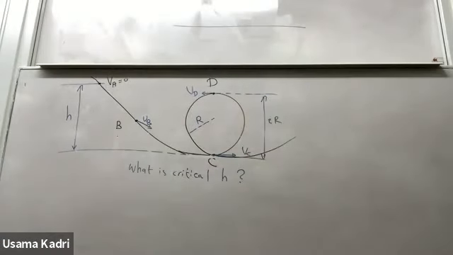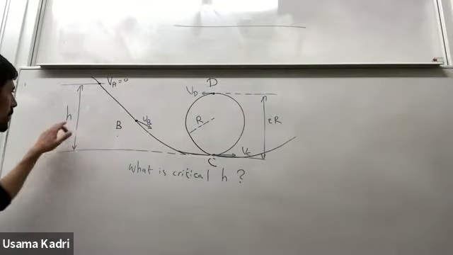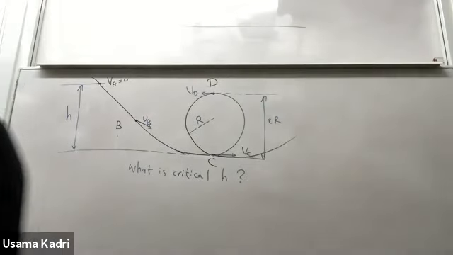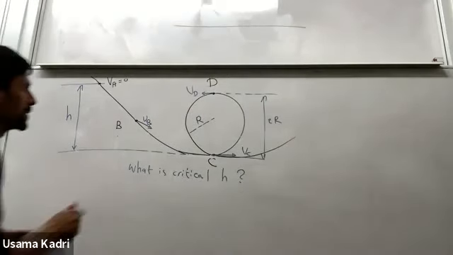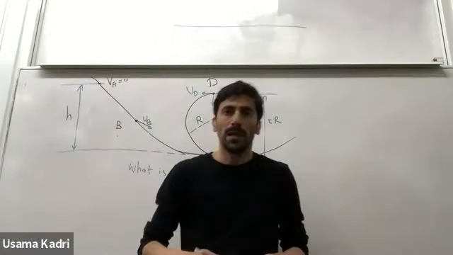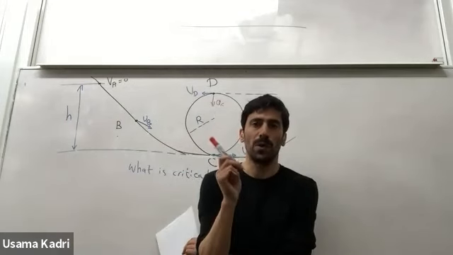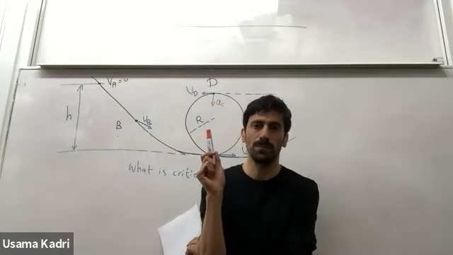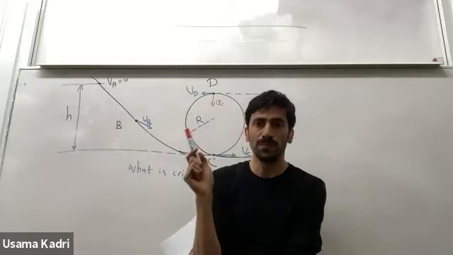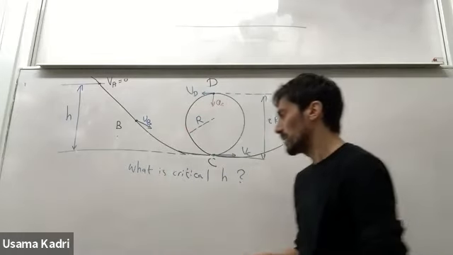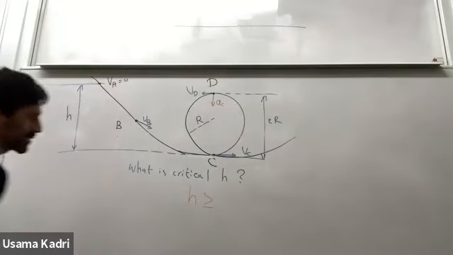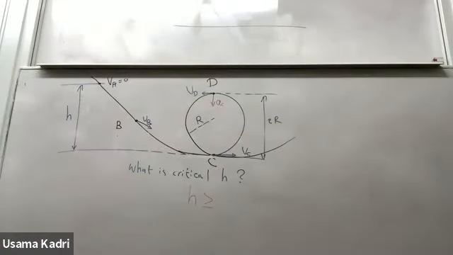The question is now, what is H? And the hint that I gave you before is think that you should have a centripetal acceleration at this point. And you already know what is the condition on the centripetal acceleration on that point. If you use the condition on the centripetal acceleration at point D, then you should be able to get the critical H. So you're going to have H has to be equal or larger than something in order to make the turn.